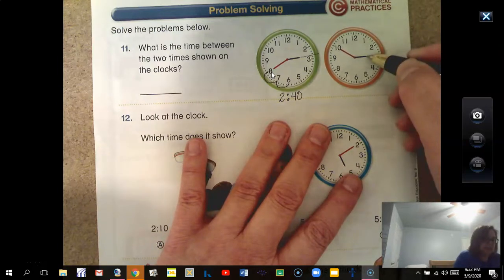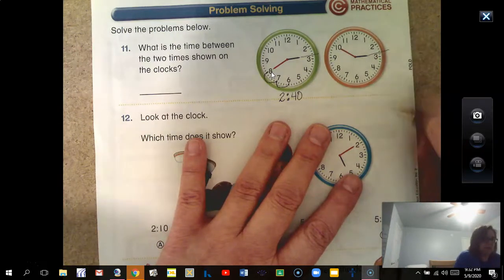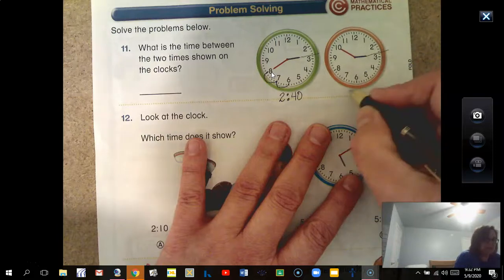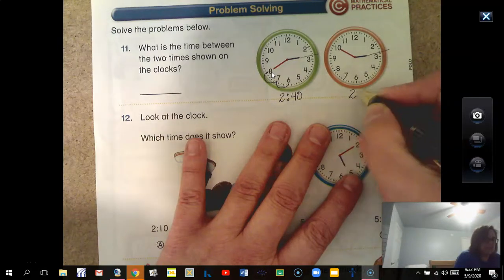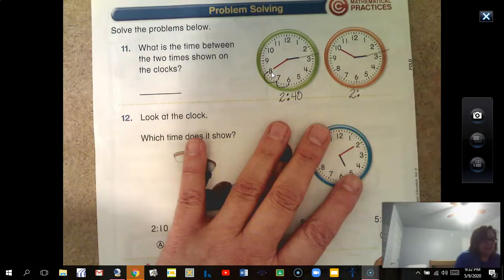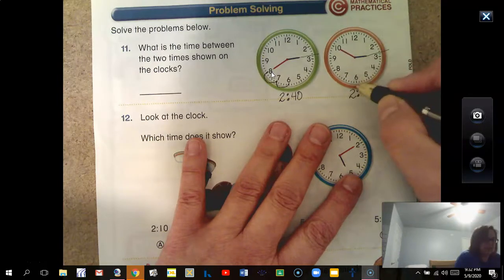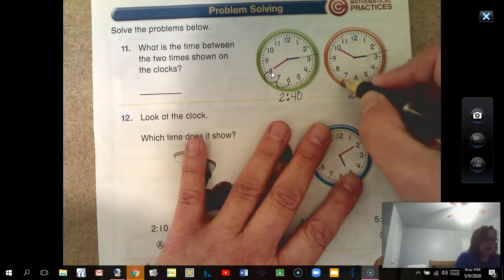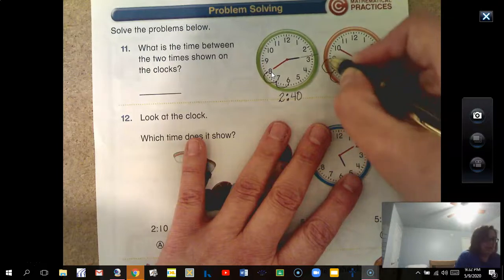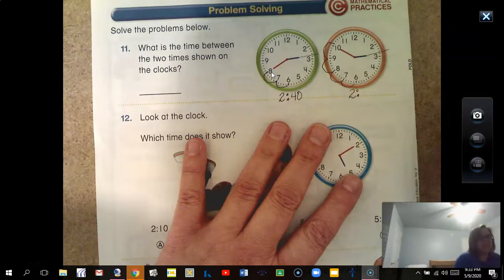Okay. And now over here, let's take a look at the hour hand. Stretch it out. It's between the 2 and the 3. It's 2. Hasn't reached the 3 yet. Let's go to the minutes. Start here with the 6. Count with me. 5, 10, 15. Look at me.